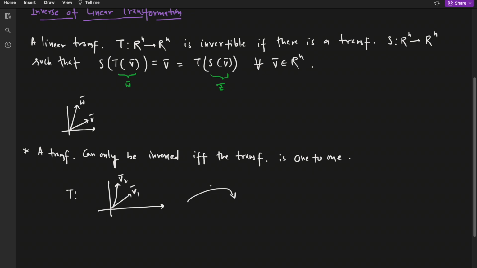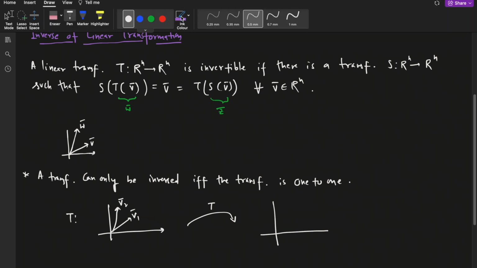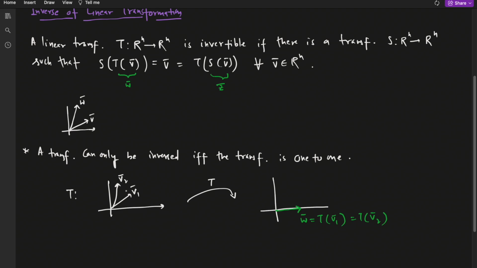And the transformation T is transforming both V1 and V2 to the same vector, W, which is the same as T of V1 and also T of V2. So T is transforming V1 to W, and it is also transforming V2 to W.